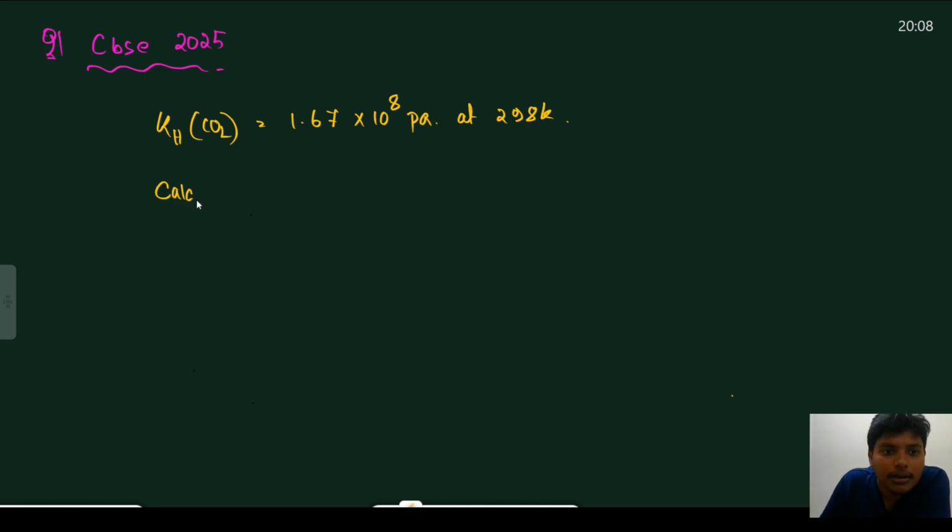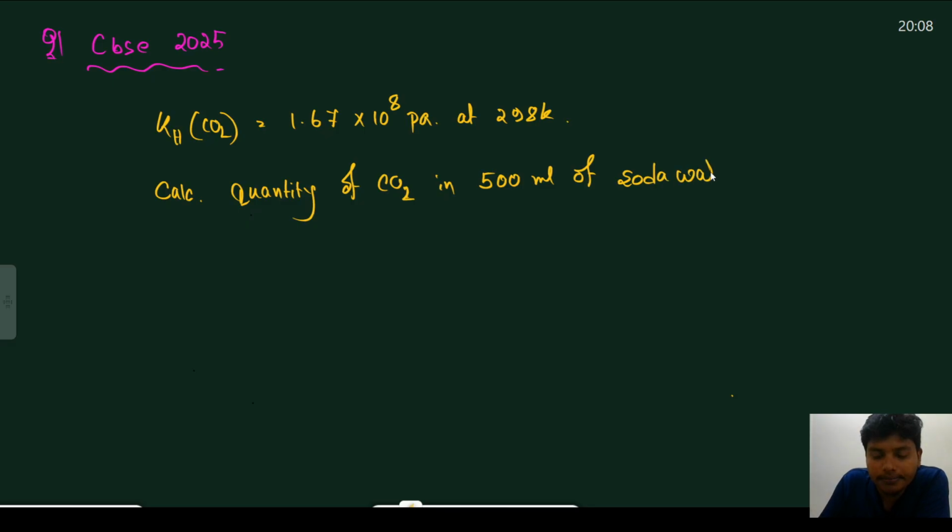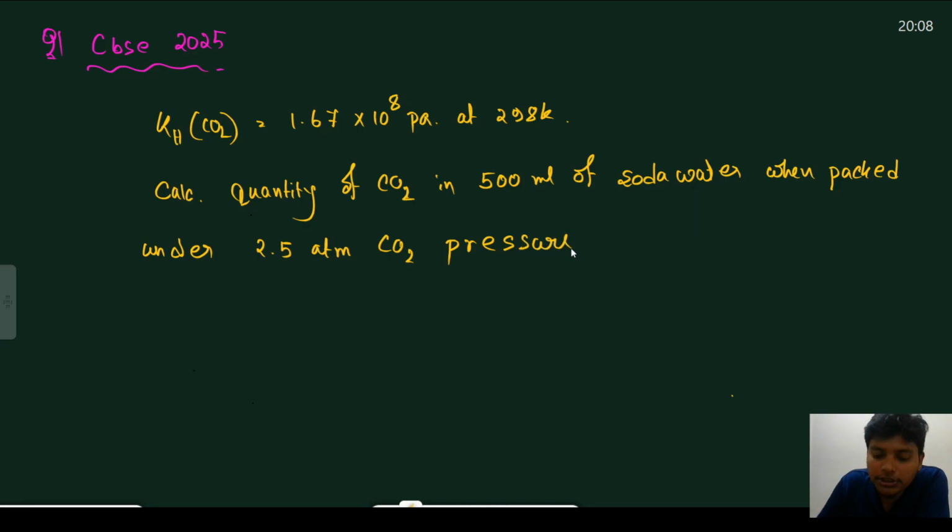Calculate the quantity of CO2 in 500 ml of soda water when packed under 2.5 atmosphere CO2 pressure at 298 Kelvin.